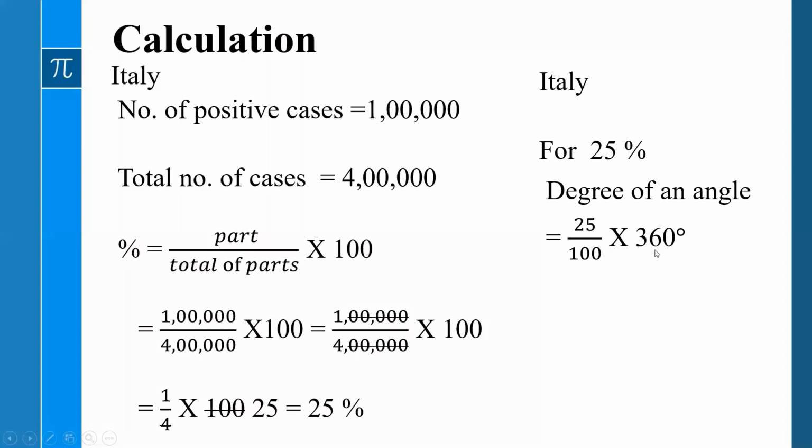And here we are multiplying with 360 because total degrees of a circle with the center are 360. So further reducing, 25 fours are 100, so here we'll have 4, and then 90 fours are 360, so here we'll have 90, and here 4 ones are 4. So degree of an angle for Italy, it is 90 degree.